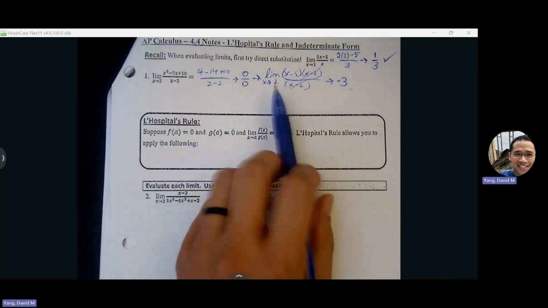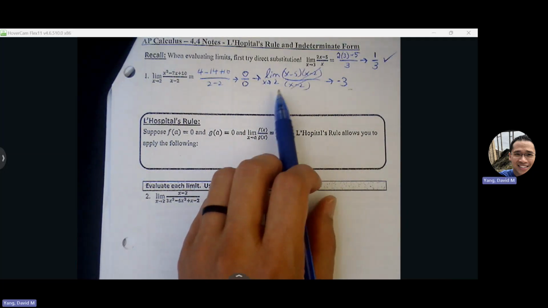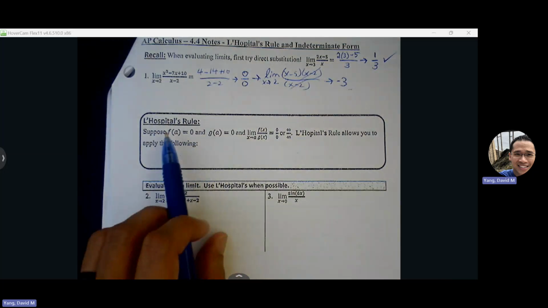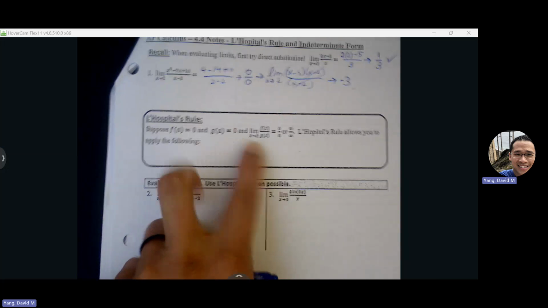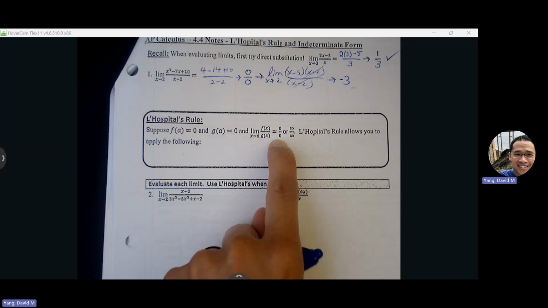So we now have a different method of doing this. This is still valid, but we have another option now involving derivatives. This is called L'Hopital's rule. It says, suppose that f of a and g of a are equal to 0. So let's say we do direct substitution and we get 0 over 0.